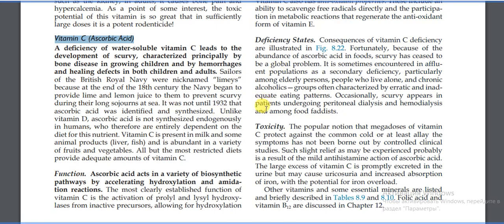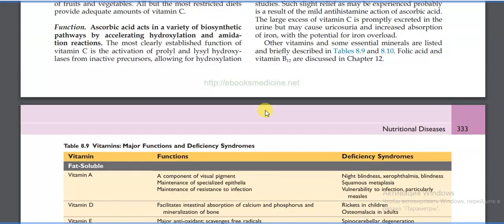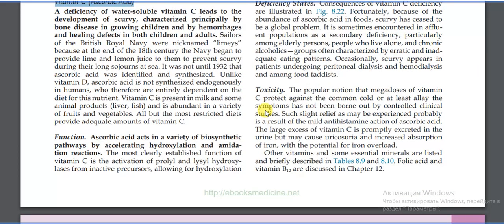Okay, toxicity. The toxicity of vitamin C is not very well established because it's very hard to overdose on vitamin C. Some studies have shown that mega doses of vitamin C can decrease some viral infections like poliomyelitis, though it's not confirmed yet.